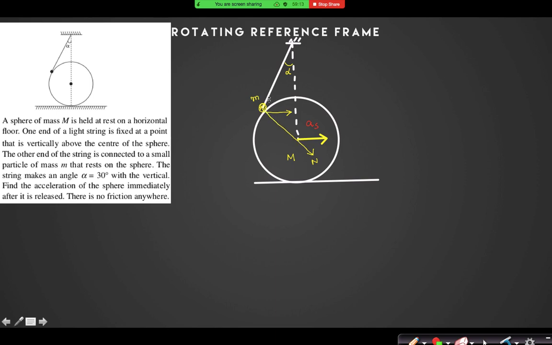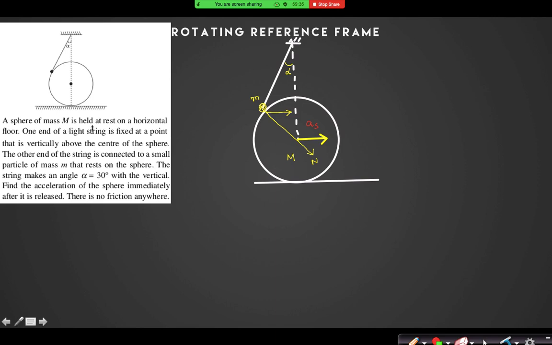This angle, no, it's not 90 degree. Sir, this is not a tangent, right? This is not a tangent. Alright. So if this is the normal, what is this angle? This angle is alpha.